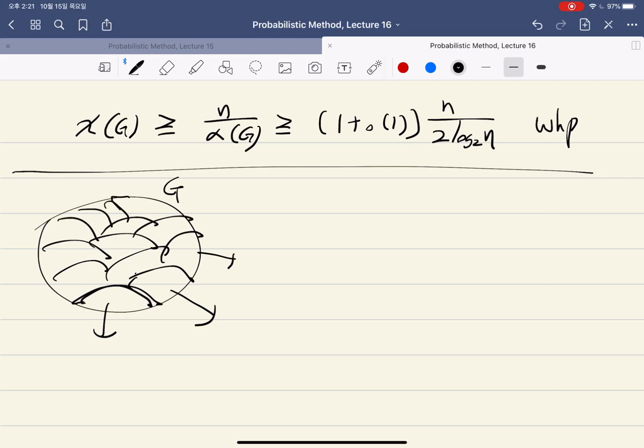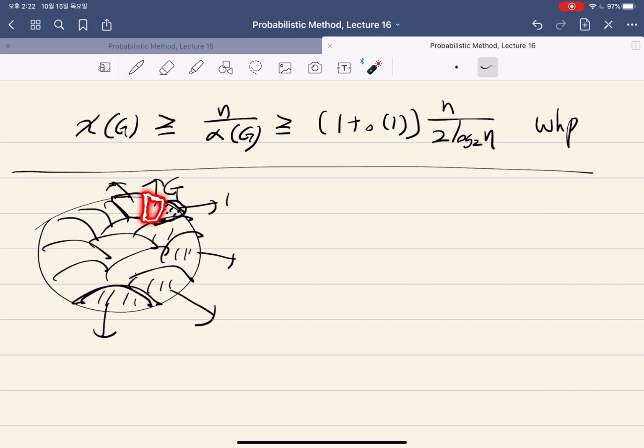But at some moment, if the number of remaining vertices is too small, then we don't know whether we can take a large independent set. We want to make sure that each independent set is large. If a very small number of vertices is left, then we just give a new color to each vertex.